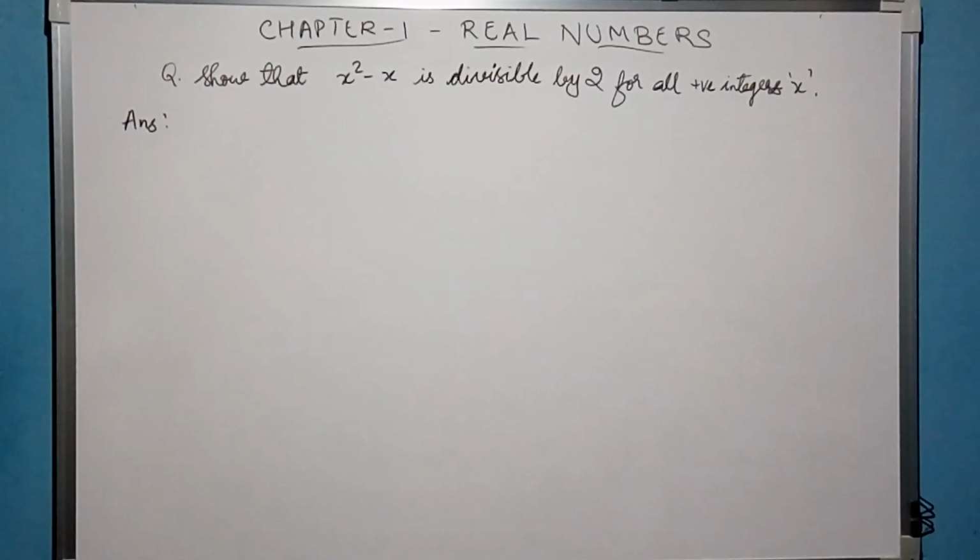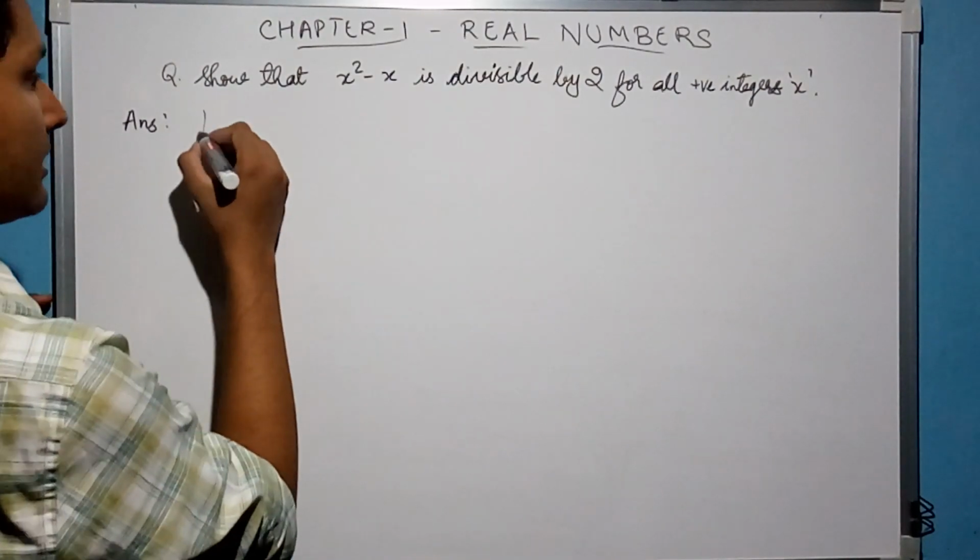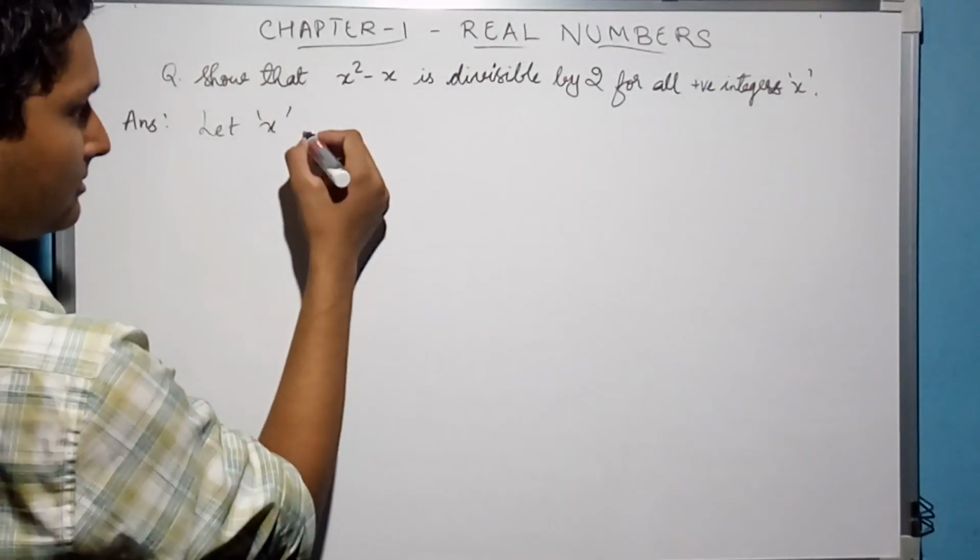Yeah, there is one more similar question. You need to show that x square minus x is divisible by 2 for all positive integers x. So here let x be the positive integer that is already given.